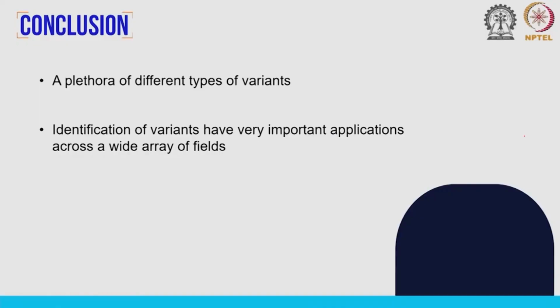We will talk about that in much more detail in the next classes when we talk about SVs, but this is something probably clear for you, that there are a huge number of variants that we need to identify when we are analyzing genome sequencing data. Then we talked about these variants and their applications across different fields.